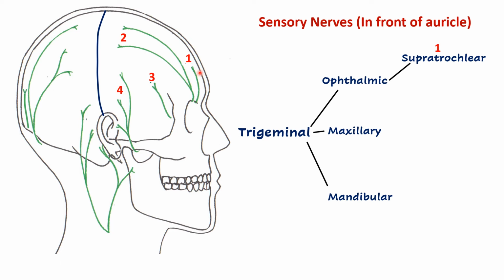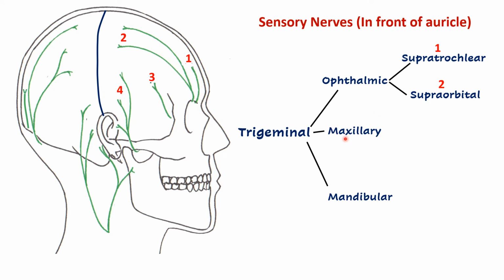Here the ophthalmic division of the trigeminal is also giving branches with the same names. Supratrochlear you can see here, and the second branch will be the supraorbital. Sometimes there are 2 supraorbitals also. I think this is very simple because this is exactly like the arterial supply. So the ophthalmic division of the trigeminal nerve will give how many sensory branches? 2, and these are supratrochlear and supraorbital.